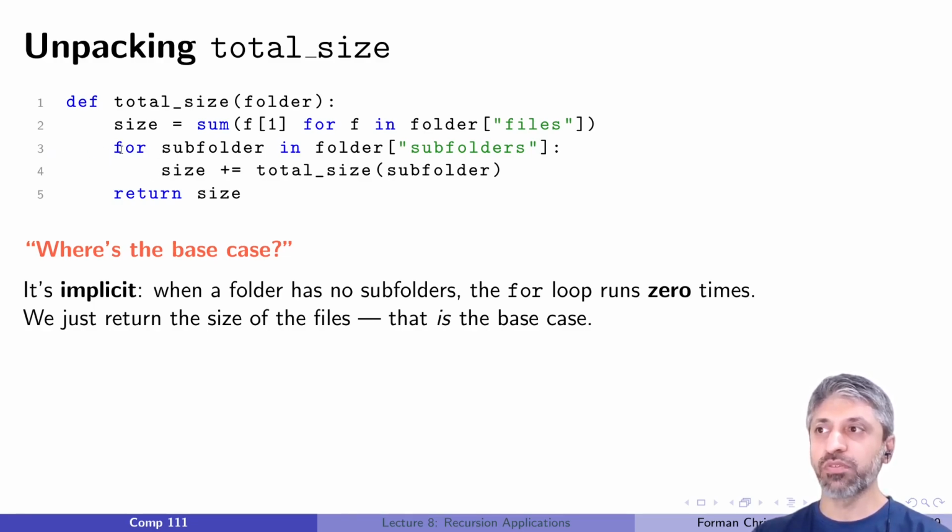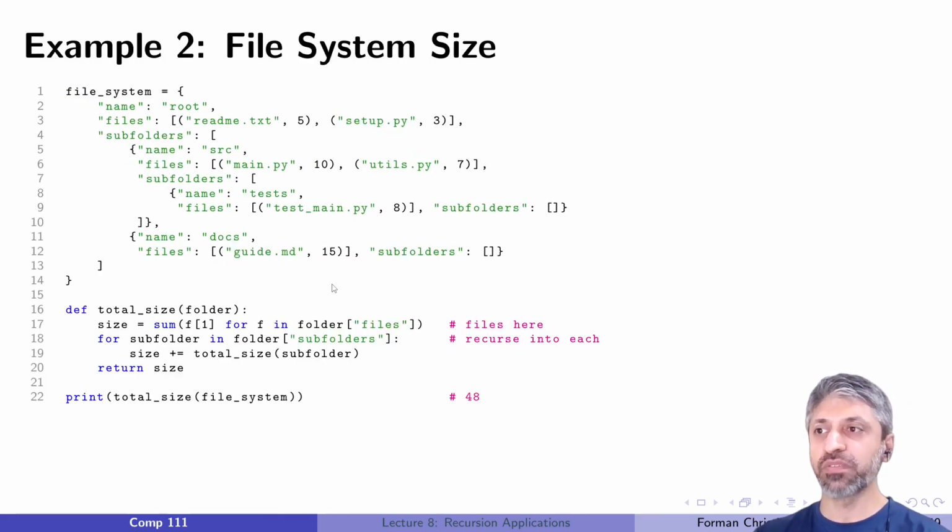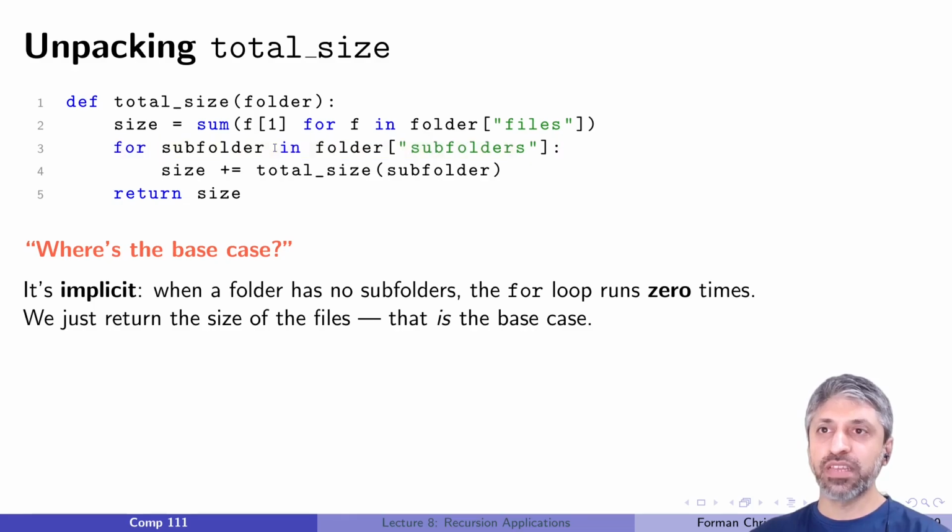So we are talking about this line number 3 here, but line 18 in the original previous code. If this for loop runs 0 times, we simply return the size of all the files, and that's it. So that's the base case essentially. We don't write an explicit if statement. The real idea for the base case is that you have a termination point and you don't go on forever.